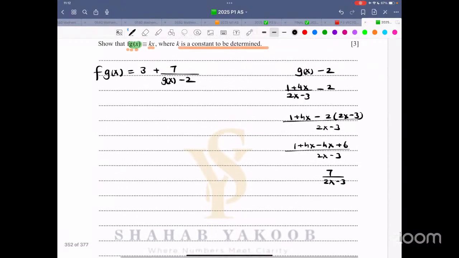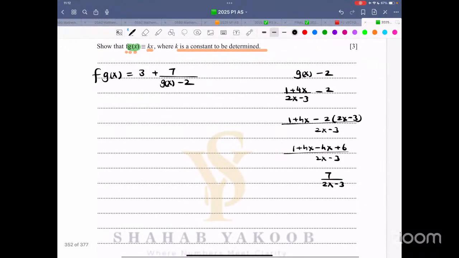So that is g(x) minus 2, the denominator. Okay, so this is 3 plus 7 over 7 over 2x minus 3. I think I've made life much easier. So the 7 and 7 will cancel out, and this will be this thing that is over here.